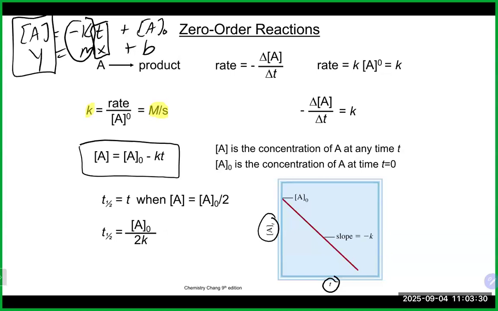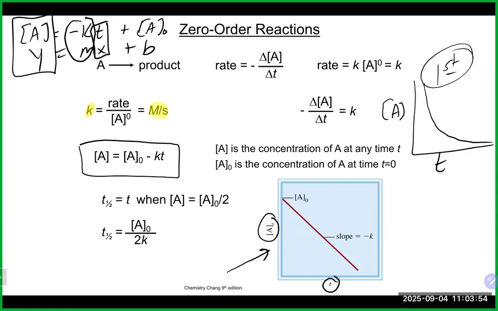Now, you may say to yourself, isn't this the same graph that we saw for first order? The answer is, it is the same graph in the sense of what you are graphing, but they do not look the same. If you have the exact same thing graphed here, the concentration of A versus time, and you do not get a linear relationship, but you get this more decreasing-with-time relationship, that is first order. It's not a linear relationship.